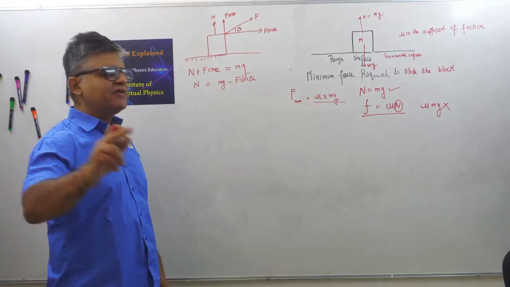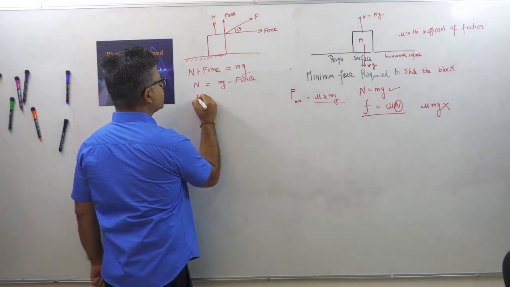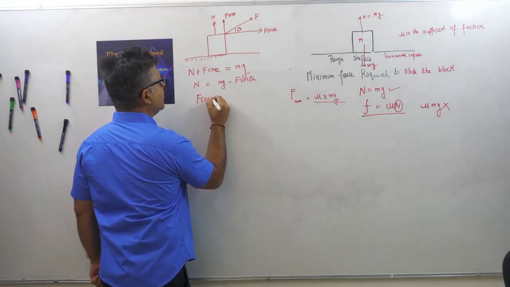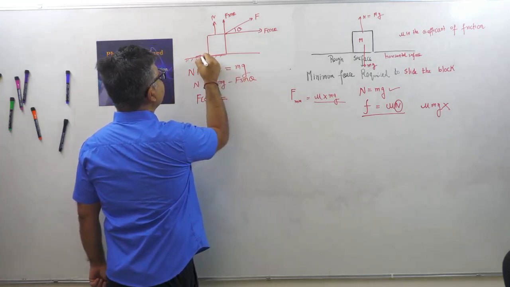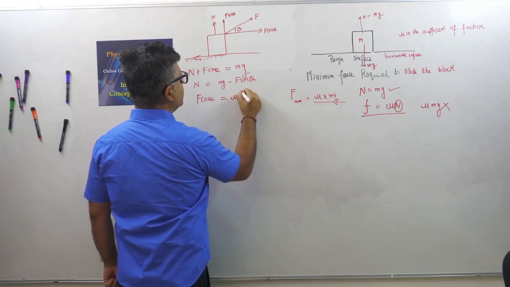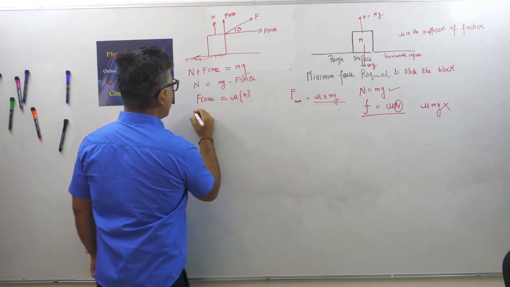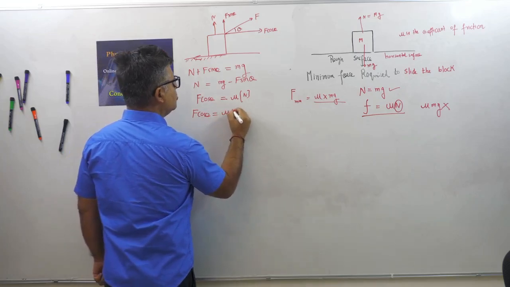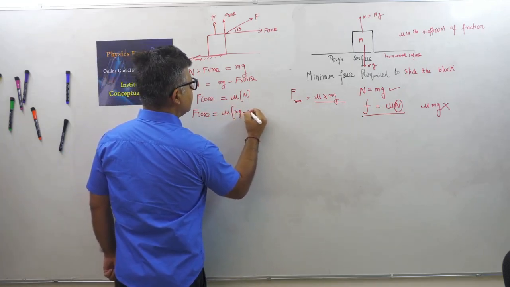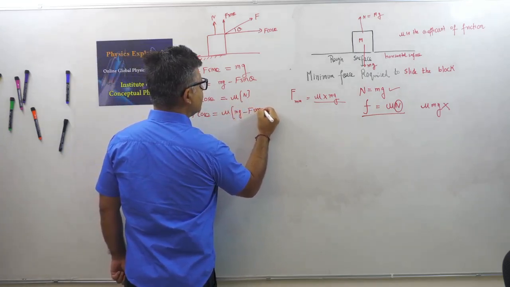What is the horizontal force? The horizontal force is F cos theta acting on the body, which is equal to the frictional force, which is mu into N. So F cos theta is equal to mu (mg minus F sin theta).